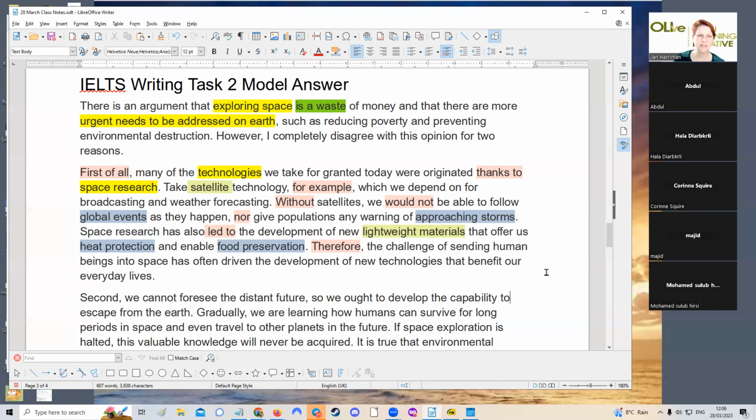And so we've had the first sentence, we've had the topic sentence. First of all, many of the technologies we take for granted today were originated thanks to space research. And what is this concluding sentence doing? Is it saying something different, or is it restating it and linking it to their opinion?